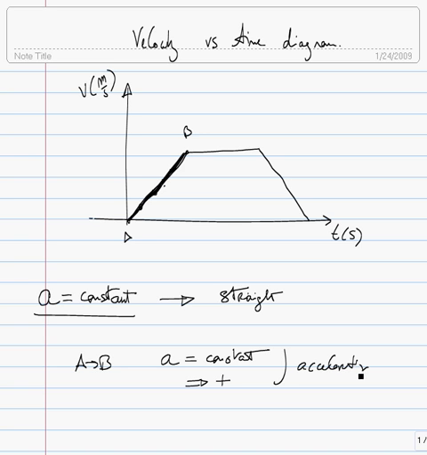That is, in this particular case, we start from velocity of 0, then velocity of 1, then velocity of 2, then velocity of 3. So we're increasing our velocity at a constant rate every second in this particular case.